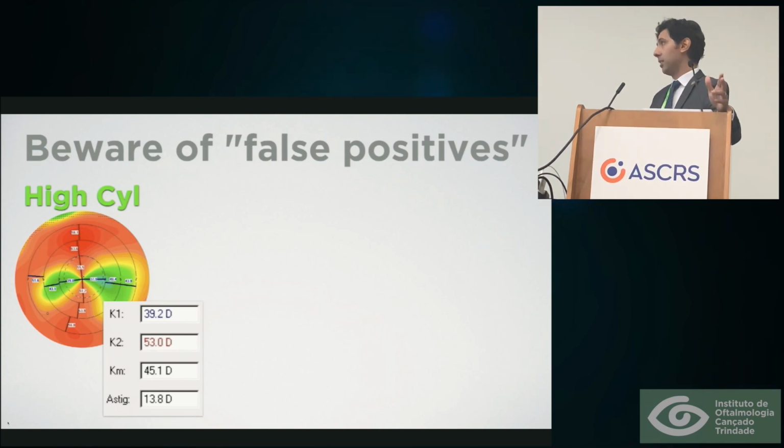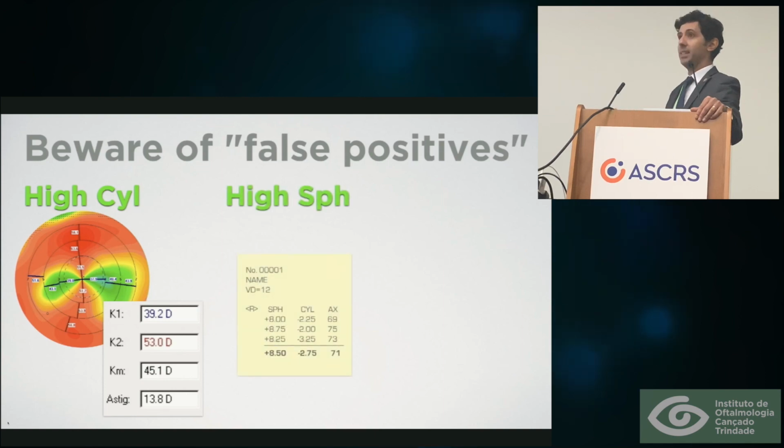Usually the toric IOLs do not reach such high magnitude of correction, so one might consider treating the cornea, or the combination of both, and then you'll be able to harvest the best benefit of the pinhole effect.